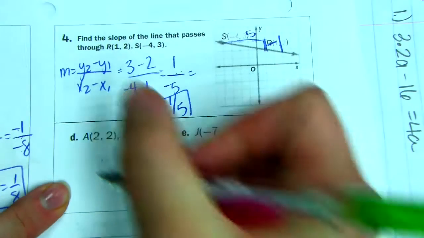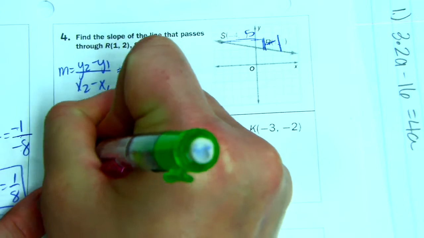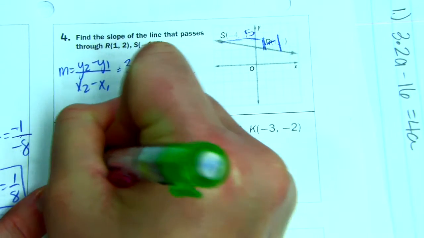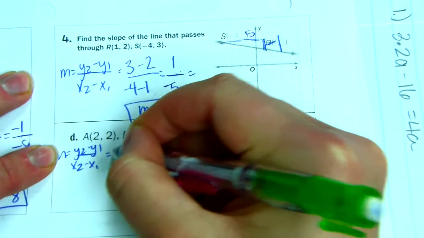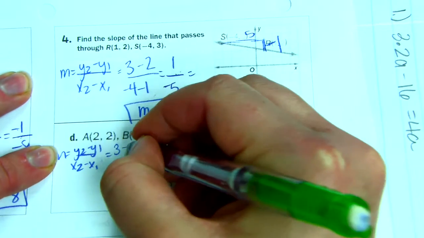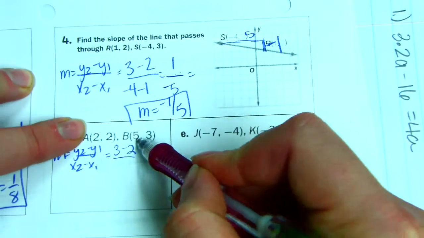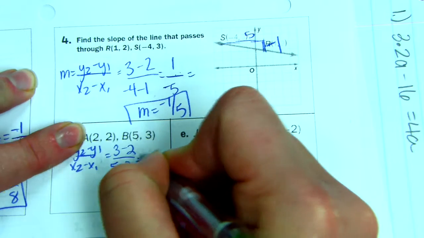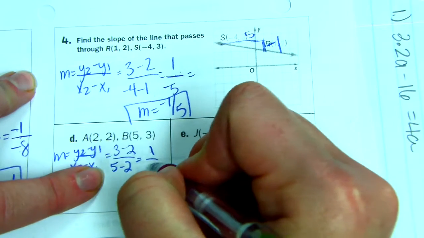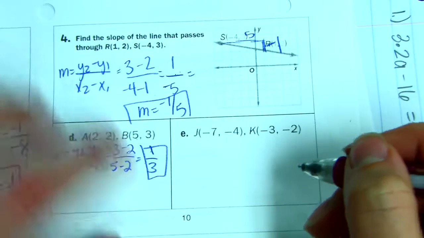Same thing here. Let's write our formula every time. y2 would be 3 minus 2 over 5 minus 2. 1 in the top, 3 in the bottom. There's our slope.